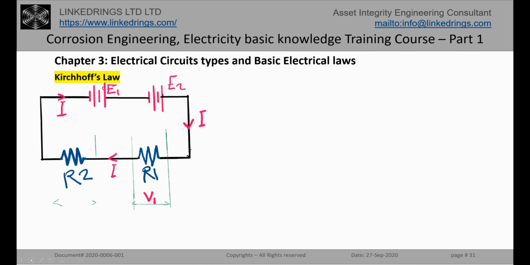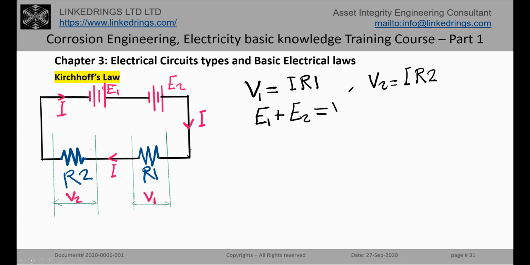What is Kirchhoff's law? Let's study this circuit where I have two electrical sources, E1 and E2, and two loads, or two resistances, connected in series, R1 and R2. The current passing through the resistance, I times R1, will be equal to the voltage drop across this resistance, by Ohm's law, correct?